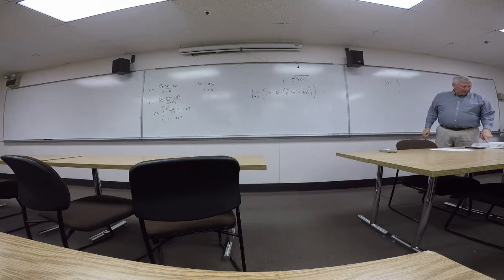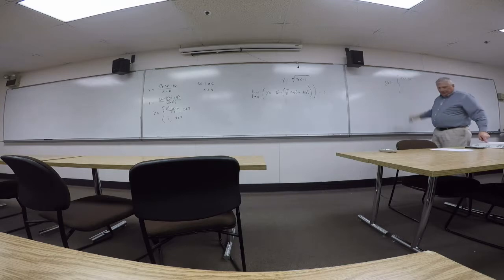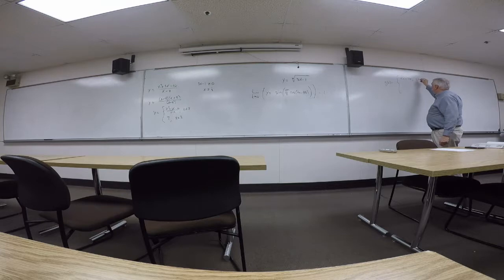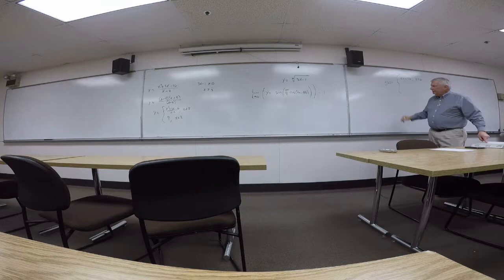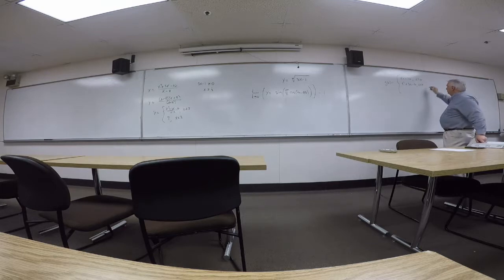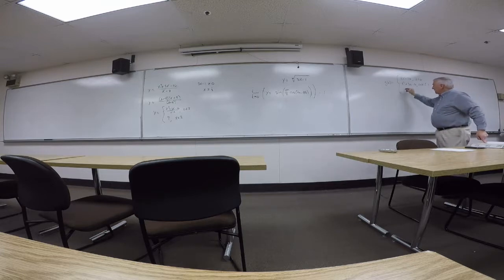Piece 1, ax plus 2b for x less than or equal to 0. And x squared plus 3a minus b, where 0 is less than x is less than or equal to 2. And 3x minus 5 for x greater than 2.